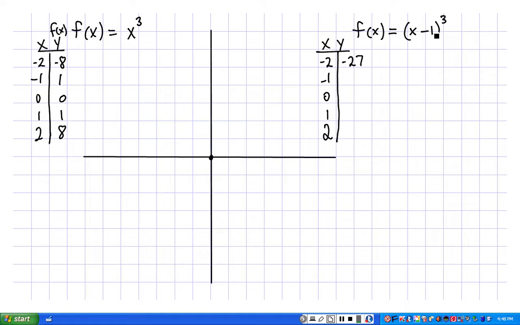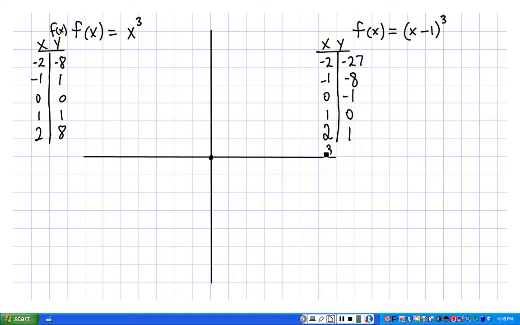-1 minus 1 gives me a -2, so -2 to the third gives me my -8. Okay, then my 0 minus 1 is a -1, -1 to the third gives me a -1. 1 minus 1 gives me 0, 0 to the third, 0. 2 minus 1 is 1, 1 to the third is 1.